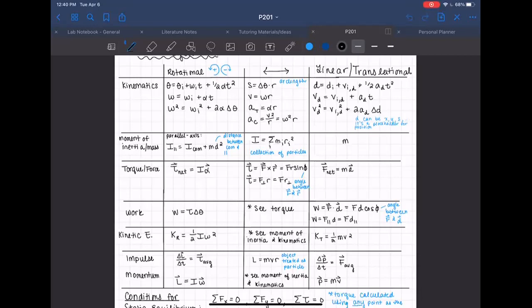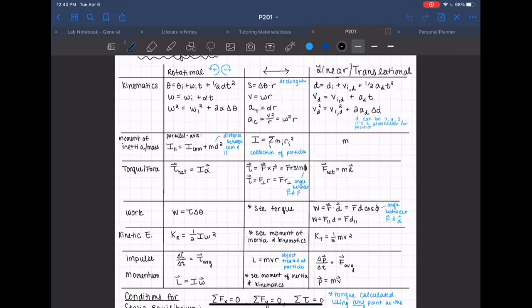So basically not anything where you would have a sphere rotating around its own axis or something like that, but just a whole bunch of points generally rotating around something, then you could use that formula. Otherwise, you would just look up on his equation sheet for whatever shape you have what the moment of inertia is. I probably should have included a little asterisk of 'see chart' for any other situation other than a collection of particles.